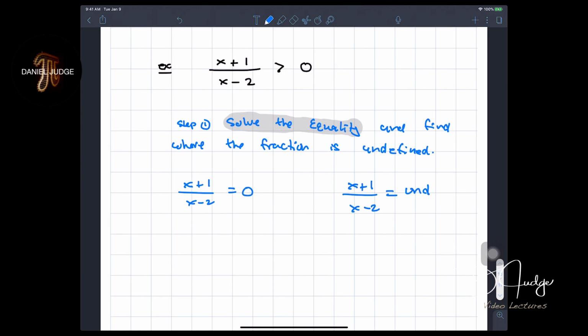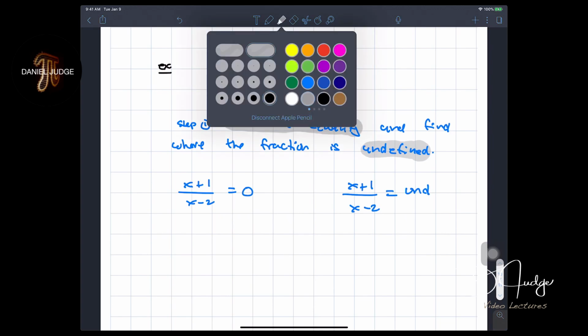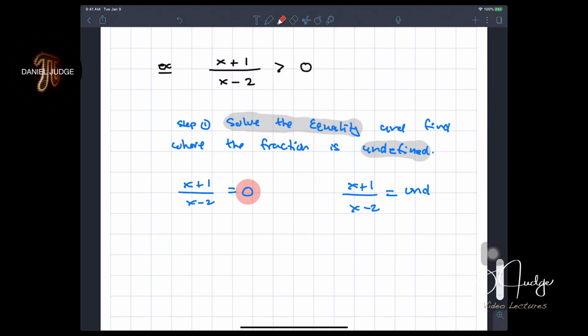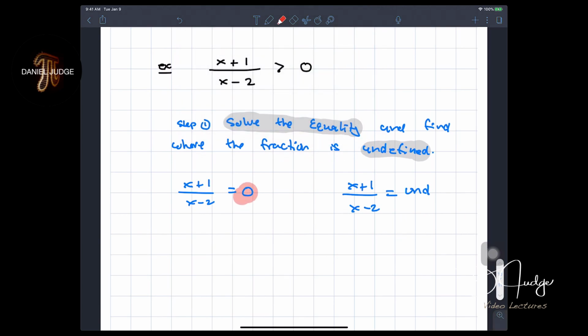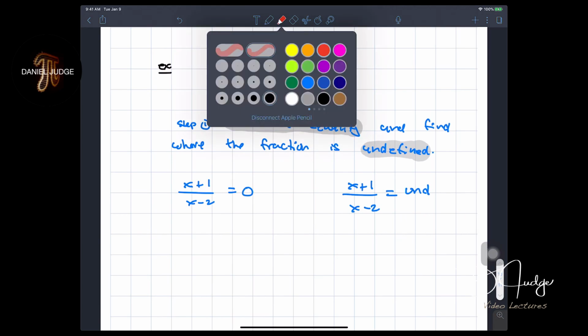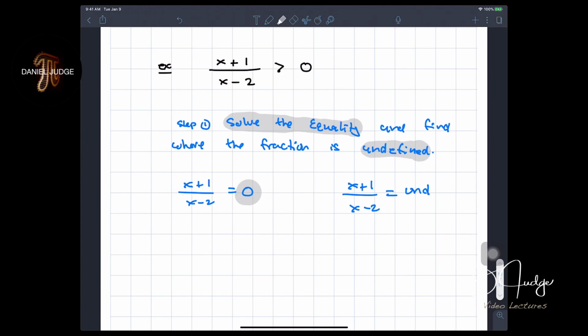And that's what I mean when we say solve the equality: solve where it equals 0, and also solve where it's undefined. So I want to really emphasize this, that 0 is what we're talking about, and then undefined. And so that's where we start.